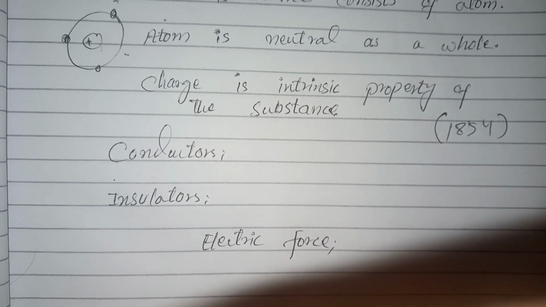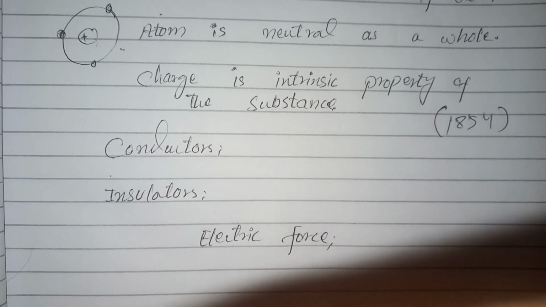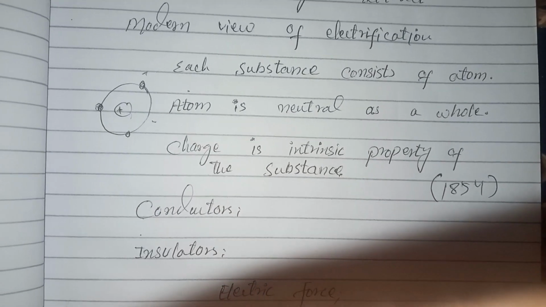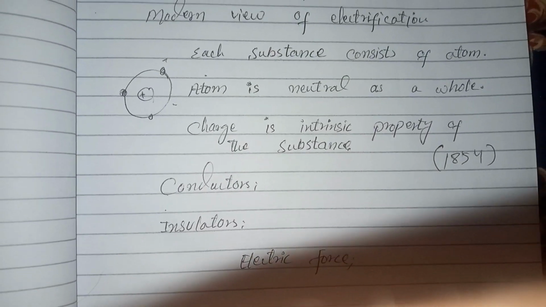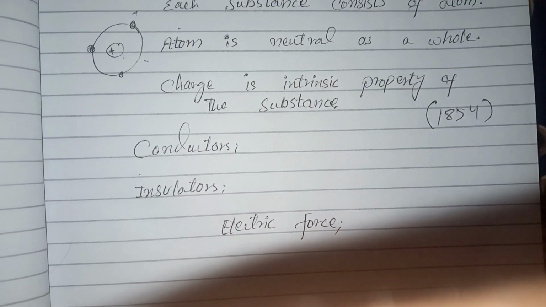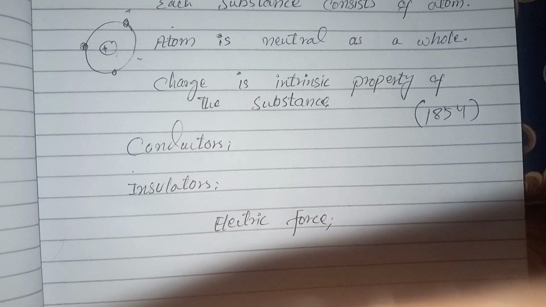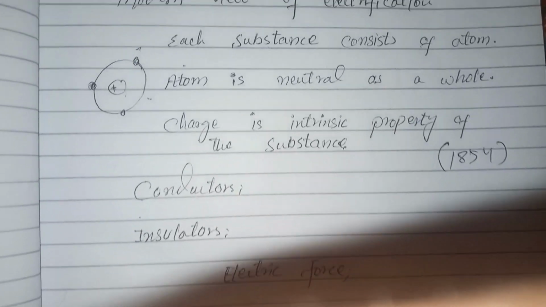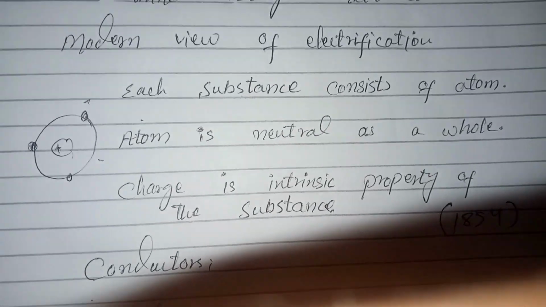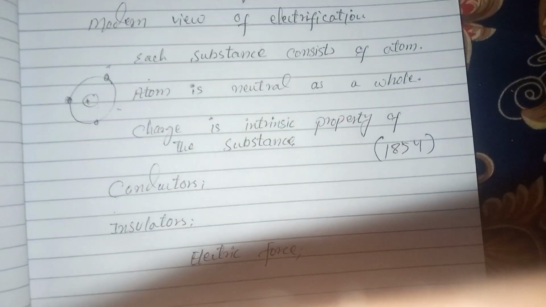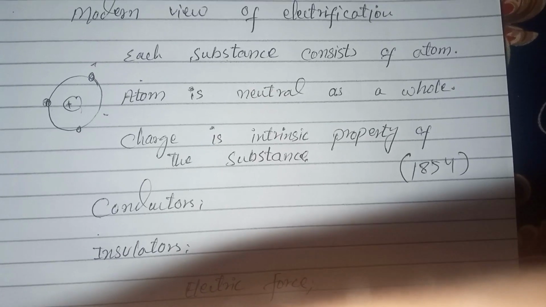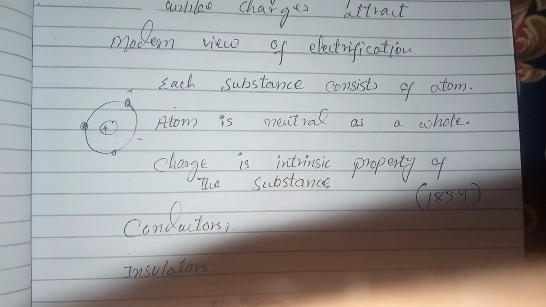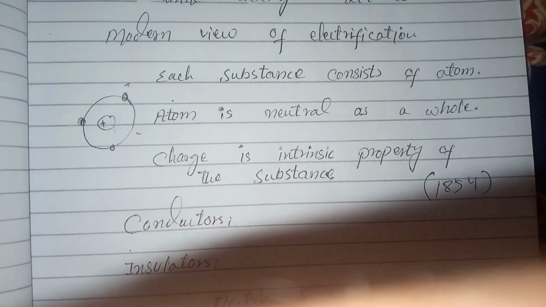Thus, when one metal is rubbed with another, sharing of electrons takes place, where one loses and the other gains electrons. So simply we can say that charge is an intrinsic property of a substance due to which the substance attracts or repels another substance.